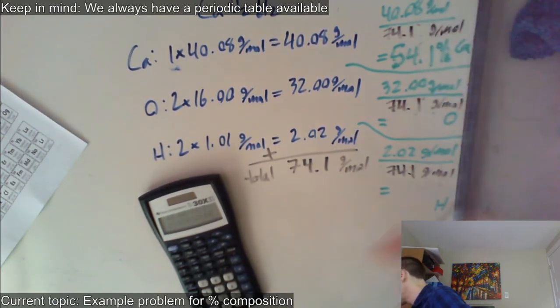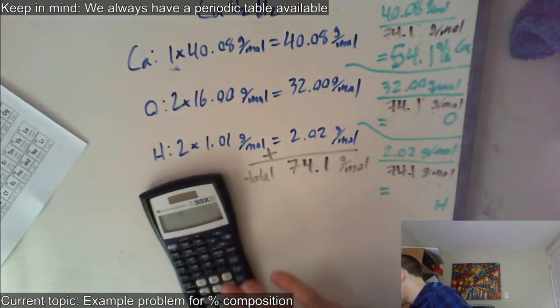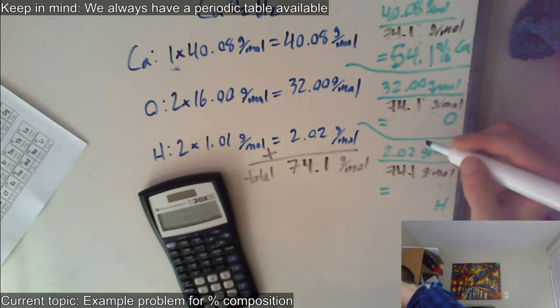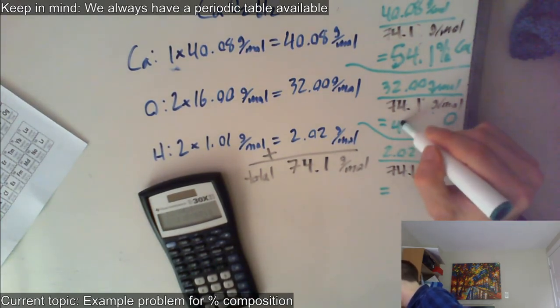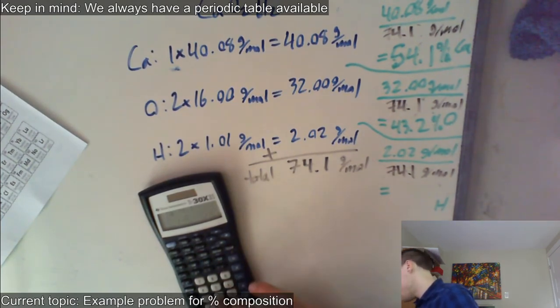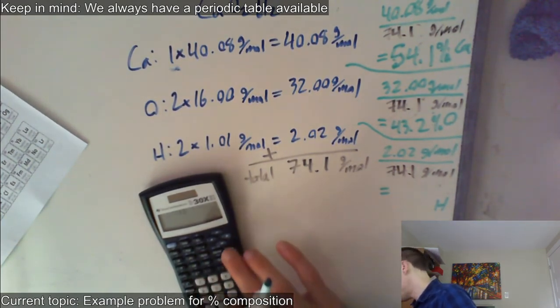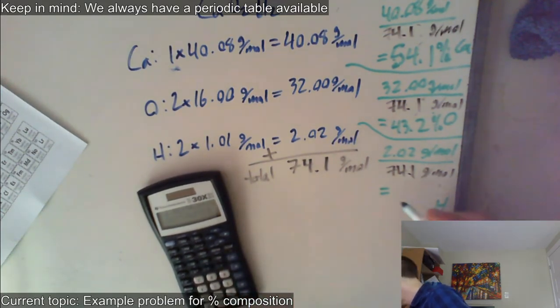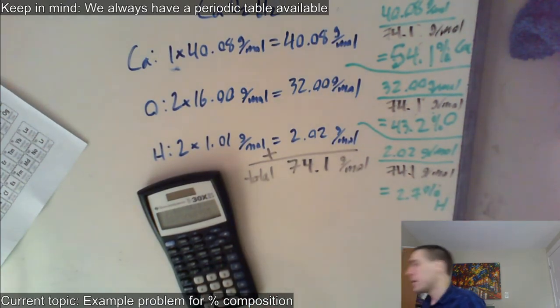I'm just dividing it. 32 divided by 74.1 is 43.2% oxygen, and 2.02 divided by 74.1 is 2.7% hydrogen.